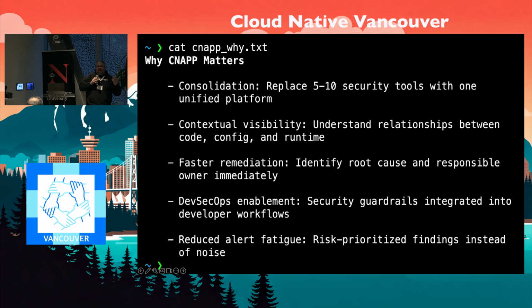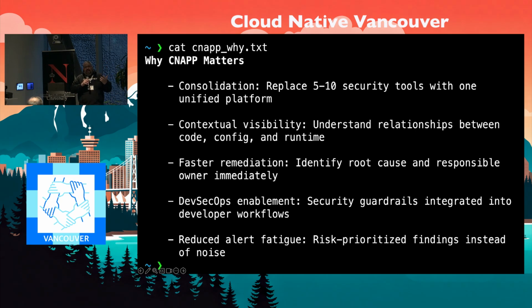It can be classified as a critical vulnerability, but if my workload doesn't have access to the internet or cannot be accessed via the internet, how can that vulnerability be exploited? There is no way, right? So that vulnerability now is not very important because it cannot be exploited, right?